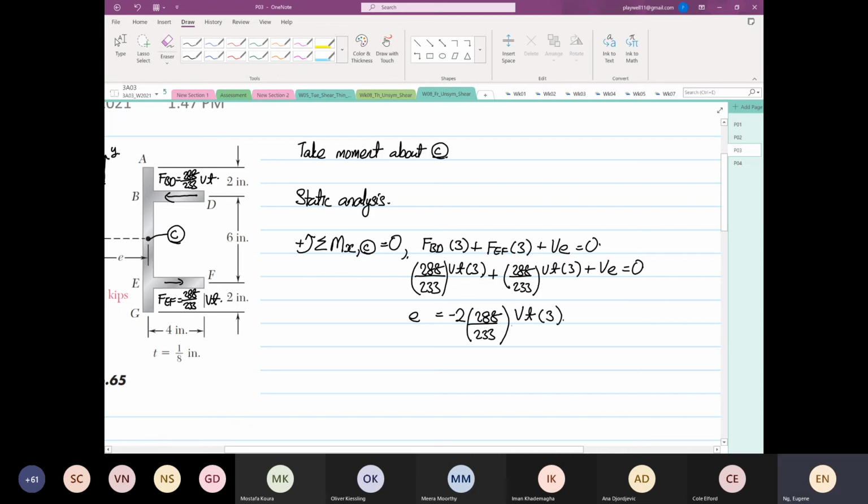Because there's a V on the left-hand side, I bring it down so we can get rid of the shear force. So this will be equal to 2 times 3 times 288 divided by 233, which equals 1728 over 233.